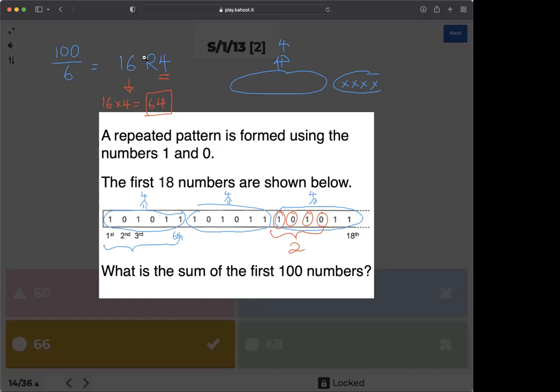So your final answer will be 64 plus 2, and therefore your answer is 66. Okay, so many of you did not get this correct. If you understand now, please give a yes feedback. If you still don't understand, give me a no feedback. Okay, let's continue.